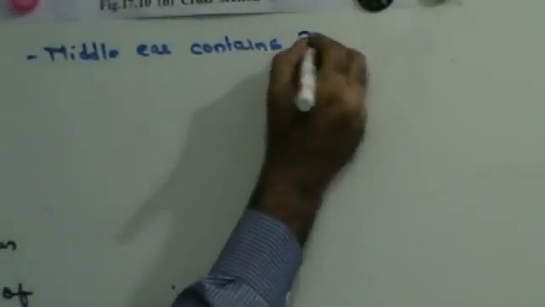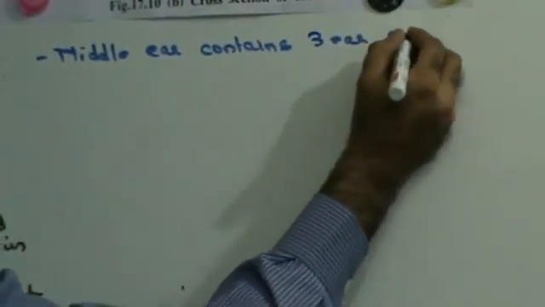Now, the middle ear contains 3 ear ossicles.